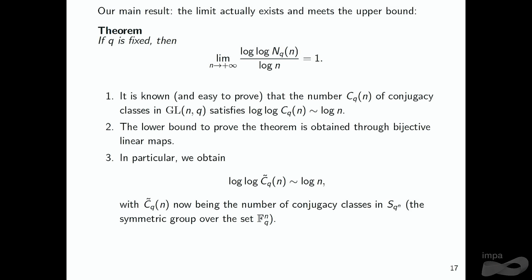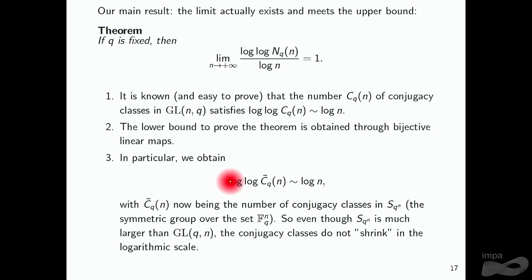This is basically saying that the number of conjugacy classes doesn't change much, even though the group is way larger, right? So S_(q^n) will have (q^n)! elements, which is way larger than the size of GL_n(q). But when we look at the conjugacy classes of bijective linear maps, they will basically grow in the same way.